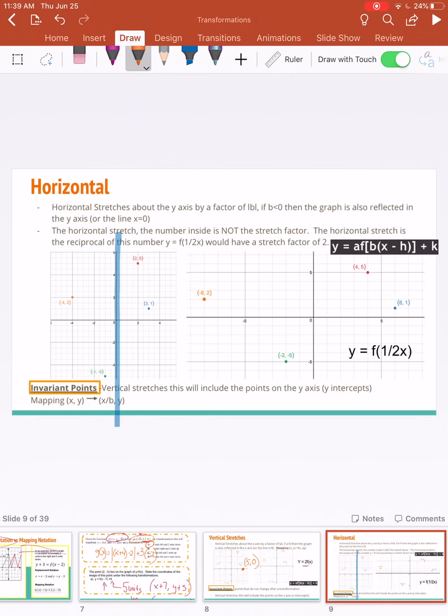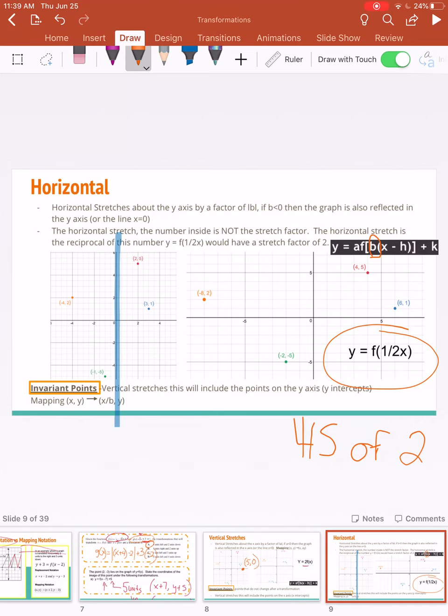The other thing you need to watch out for with horizontal stretches is you'll always be taking the reciprocal of the b value. So the b value is not my horizontal stretch; the horizontal stretch will be the reciprocal of the b value. If my equation looks like y equals f of 1/2 x, my horizontal stretch would actually be 2 from that y-axis.